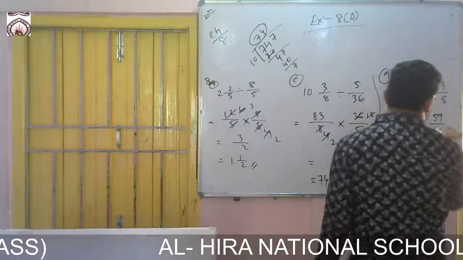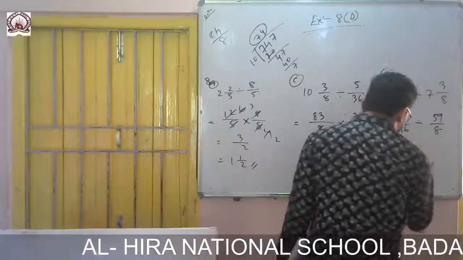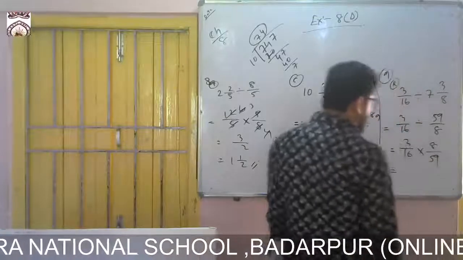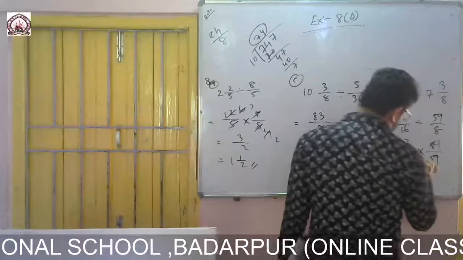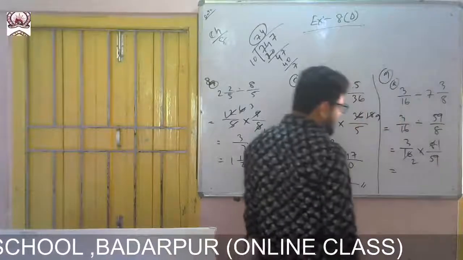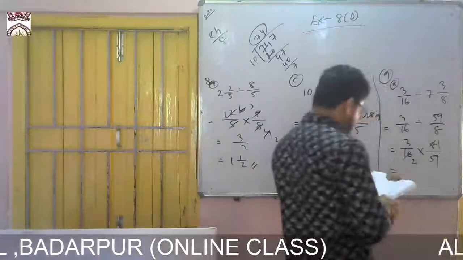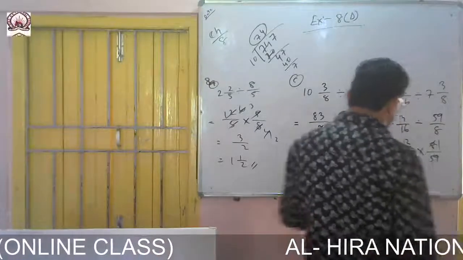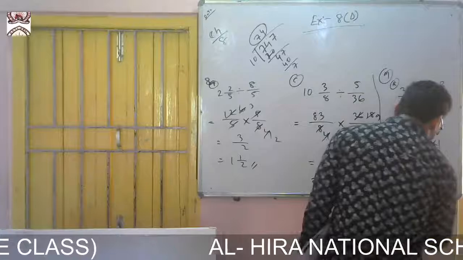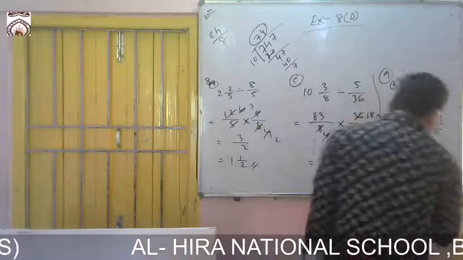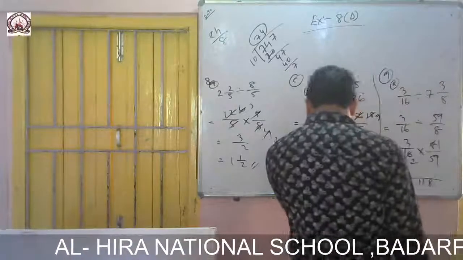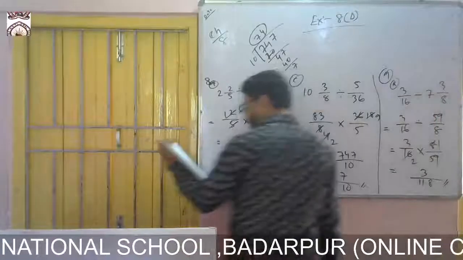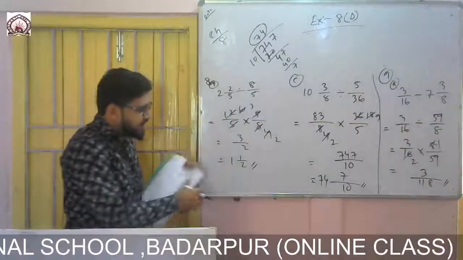So 59 by 8 if you break this one. So 3 by 16, then it will be 8 by 59. Now cancel. 8 1s are 8, 8 2s are 16. This one with 3 I cannot cancel. So it will be like this: 9 2s are 18, 5 2s are 10 and 1 is 11. 3 by 118. That will be the answer.